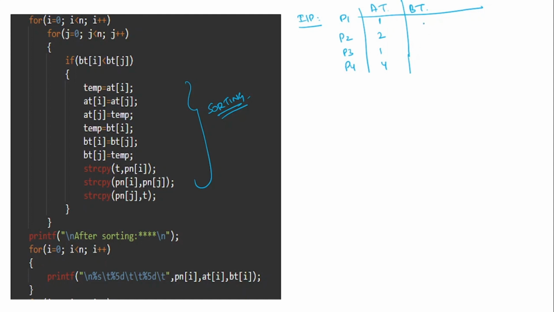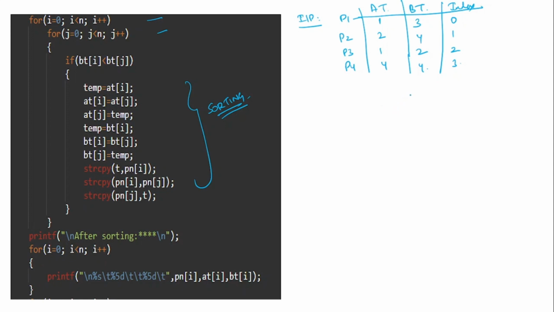Next, the burst time of P1 is 3, of P2 is 4, P3 is 2 and P4 is again 4. So this table basically denotes the arrival time and burst time of the four processes, and we'll take the input from the user. Obviously we have numbered it 1, 2, 3, 4, but indexing would be from 0, 1, 2, 3. Now let's see these two loops here first. I have ith loop and I have jth loop.